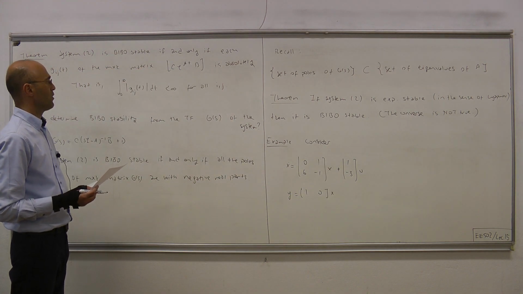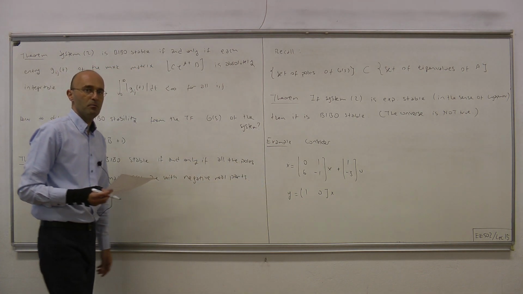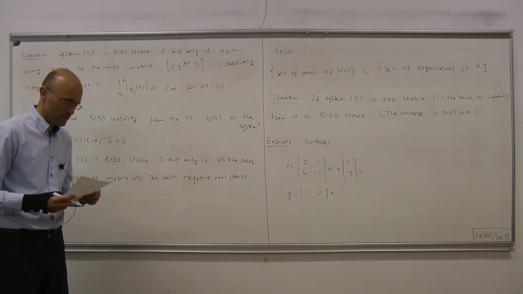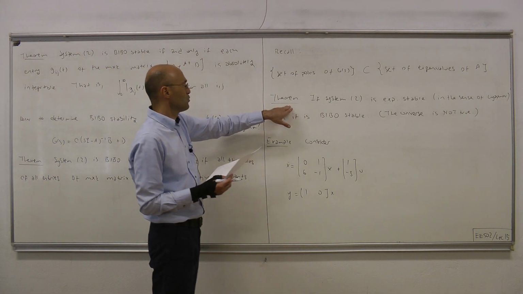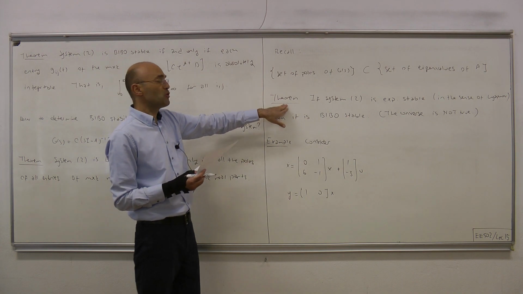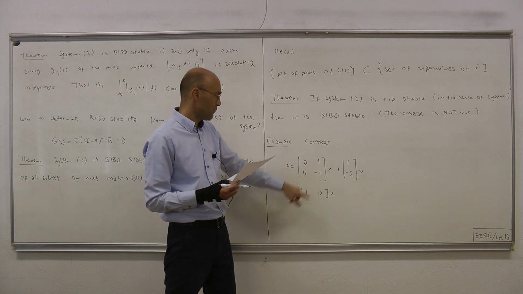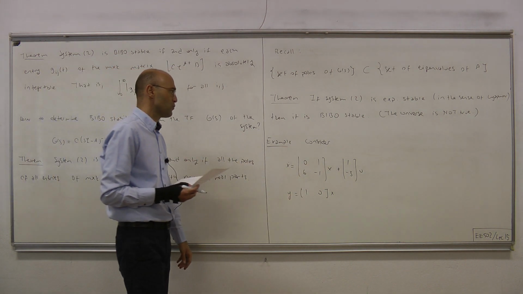So let's figure out whether this system is bounded input, bounded output stable or not. An easy first step seems to be that we can use this theorem. That is, we can figure out the eigenvalues of the A matrix, which is very easy because it's just a 2 by 2 matrix.